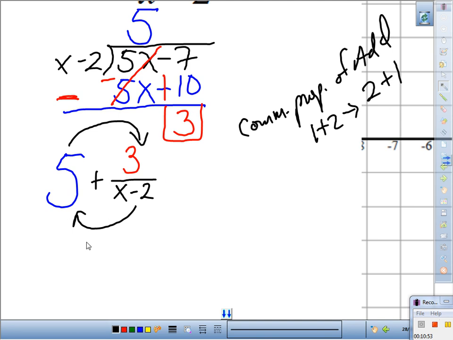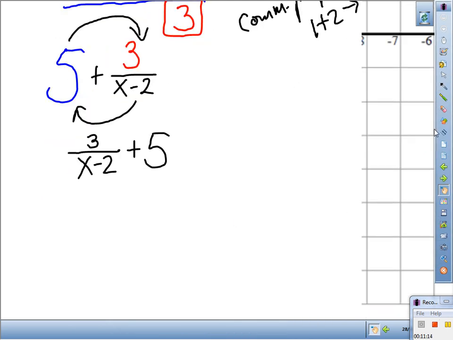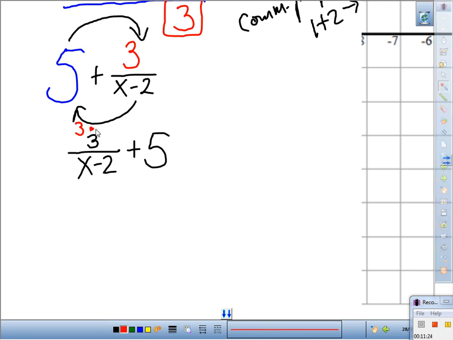So let me rewrite it. This is 3 over x minus 2. What's the sign here in front of the 5? Positive 5. However, who notices that the numerator is a 3? What are the factors of 3, by the way? 3 times 1.